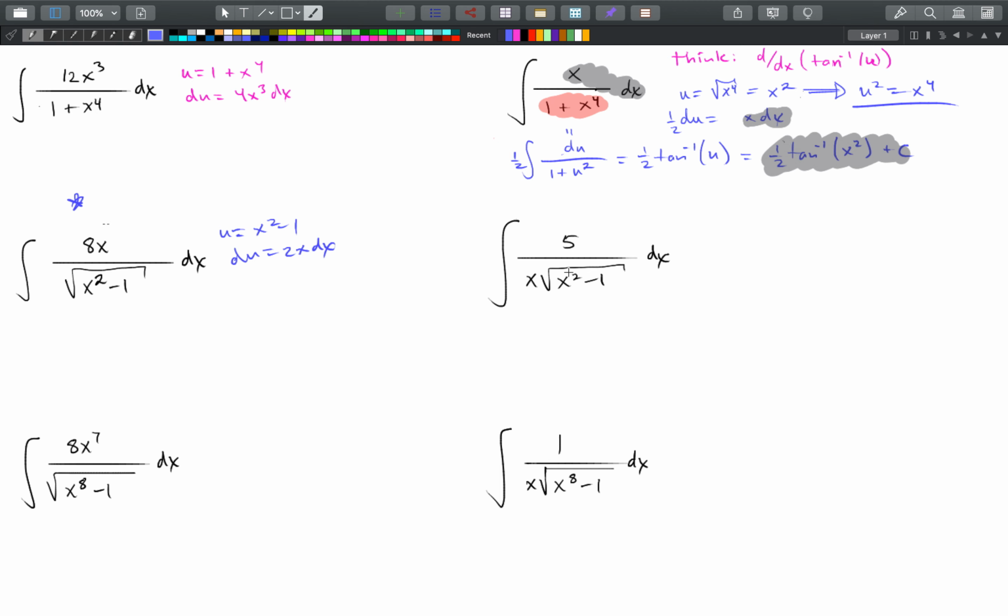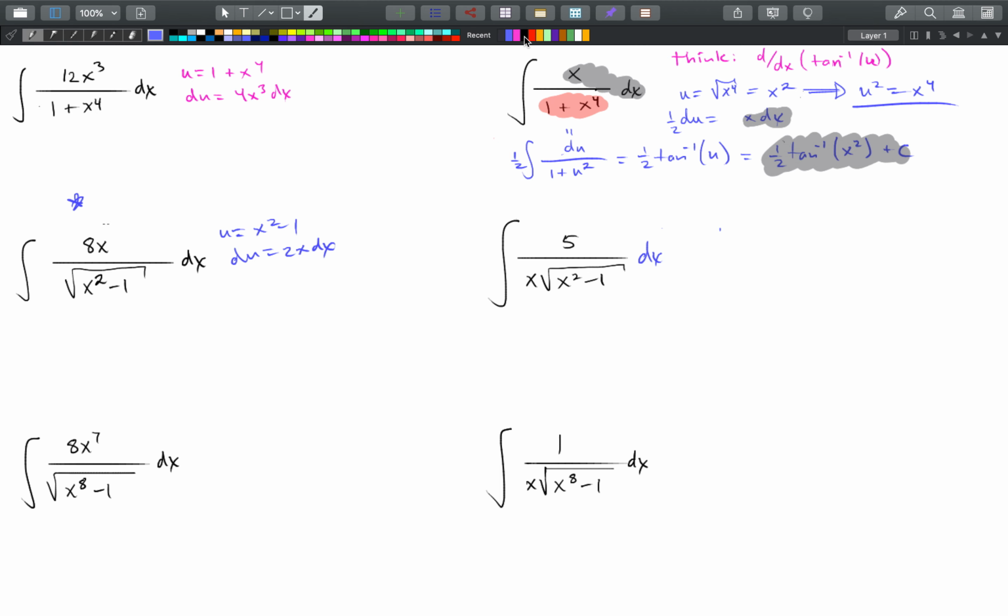You don't see this type of u substitution. Why? Well, the natural thing to do might be to set u equal to x squared minus 1, and your du would be this thing multiplied by, it wouldn't be 2x, and this 2x would live adjacent to the radical u, but that is in the opposite side of where this dx lives.